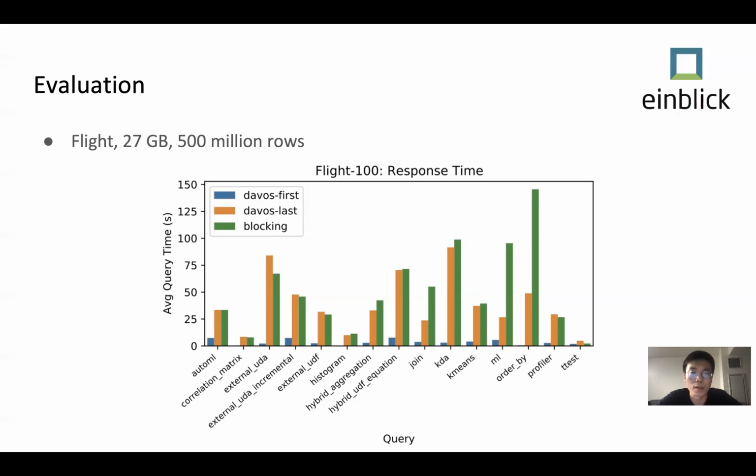You can see that for all queries, Davos is able to return a first result within the first 2 or 3 seconds, and you get better results over time. With the blocking model, sometimes you have to wait several minutes before you can get any result.